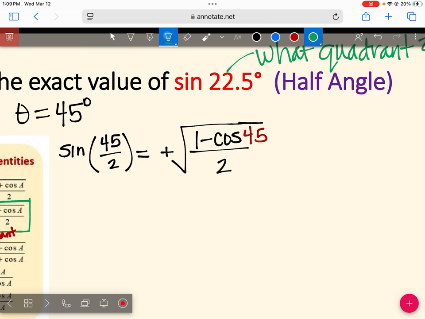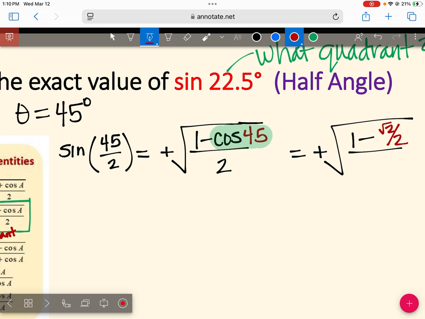Okay, so now we need to go to our unit circle and figure out what that number is. What is the cosine of 45 degrees? All right, so I have 1 minus root 2 over 2, and that's all over 2.